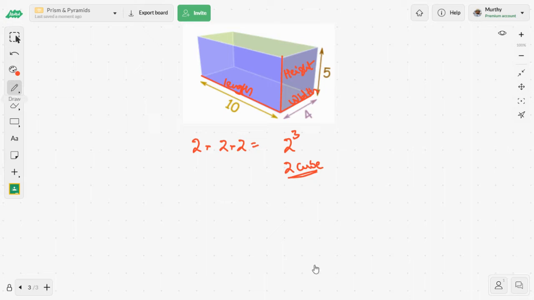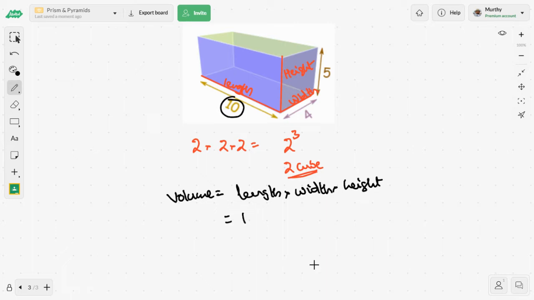And in your previous classes, you learned that the volume of a cuboid is length times width times height. Let me take, say, this is 10 inches, the width is 4 inches, and the height is 5 inches.